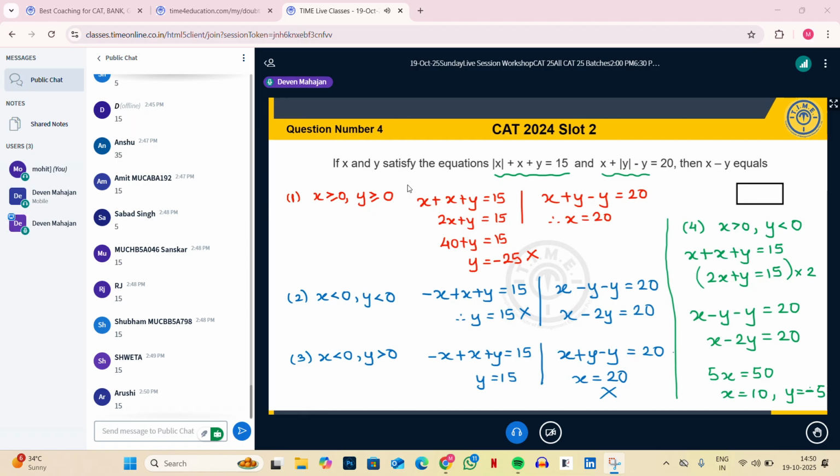Okay? X is 10, y is minus 5. And those are perfectly valid. X positive चाहिए, y negative चाहिए. So यहाँ पे आपको बराबर मिल जाता है. So our question was to find x minus y, which will become 10 minus minus 5, which is 15. Good, correct. So all those who answered 15, that is the correct answer.